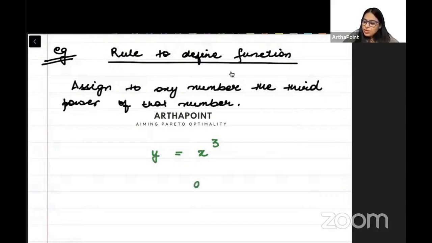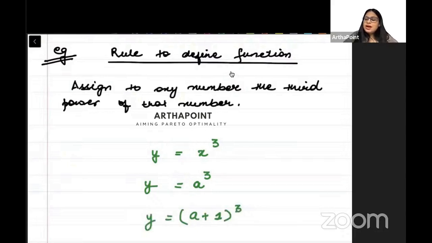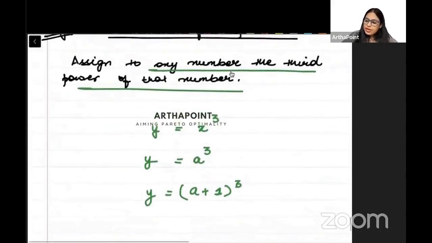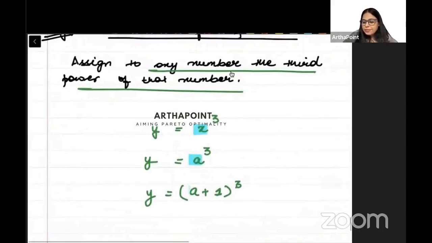We take the number to be a and we give it the third power, that will give us a new number. We can take the number to be a plus 1. It can be anything. We raise it to the third power. That will give us our new number. Assign to any number the third power of that number. So you take any number: x, a plus 1, a plus 5, a minus 8.